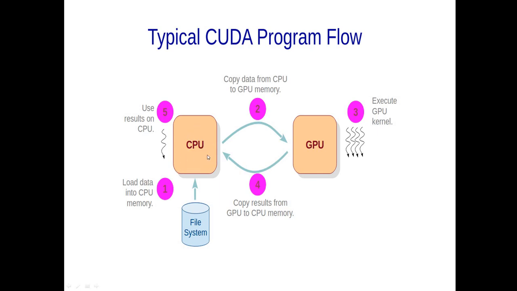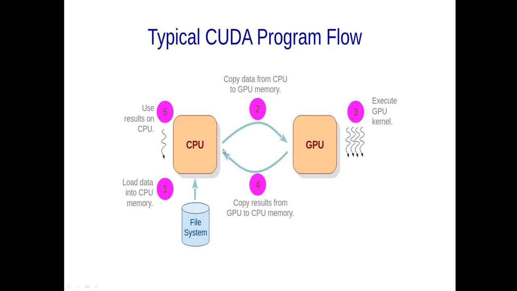You write the CUDA program from here and you want it to run on a GPU. The first step is to load the data into CPU memory. Suppose I want to store a variable A. You first write the program inside the CPU and load the data here, A is equal to 5 or something.